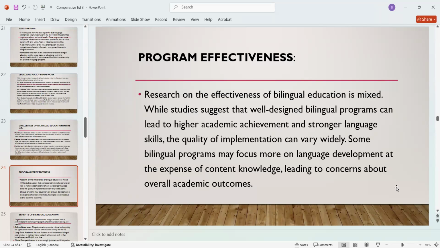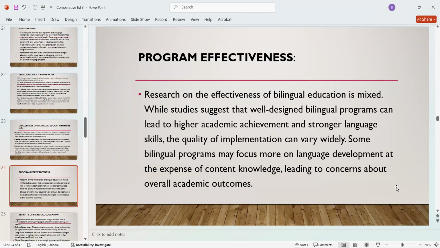The research result is that well-designed bilingual programs can lead to higher academic achievement and stronger language skills. The quality of implementation can vary widely, because if the teachers are not qualified, the quality will not be there.